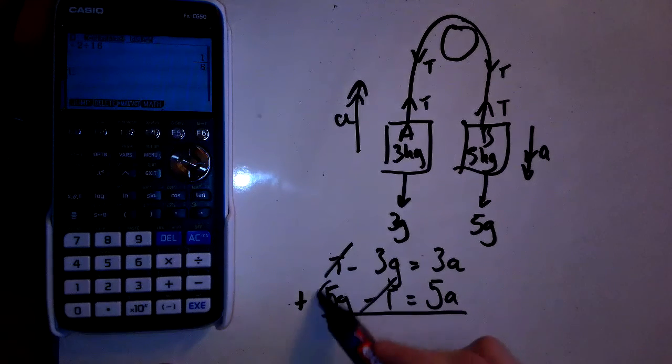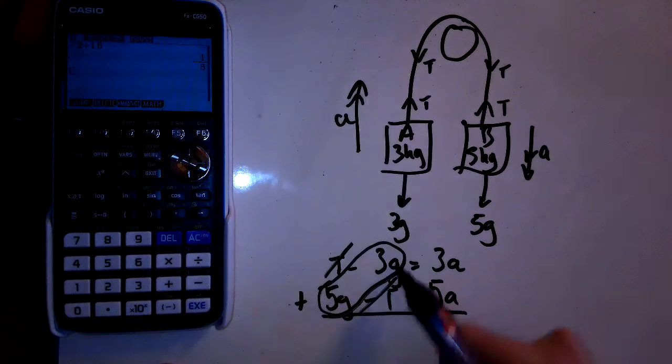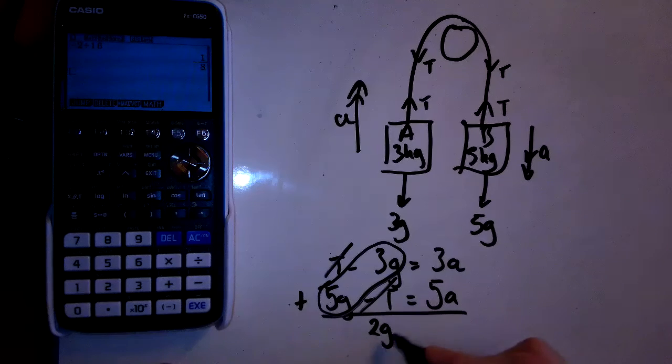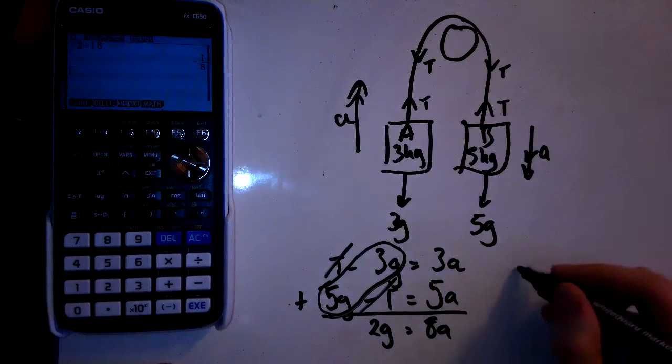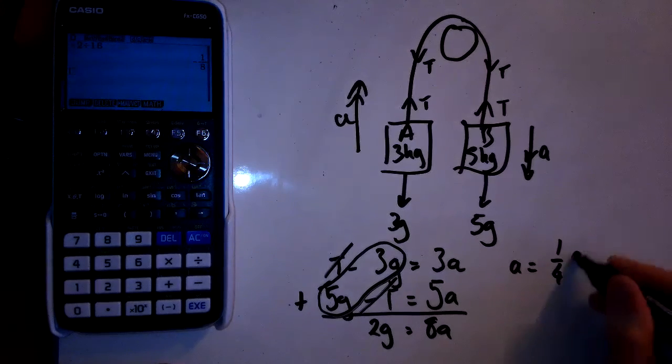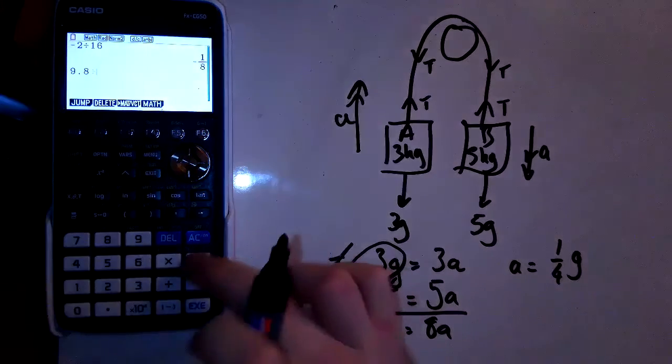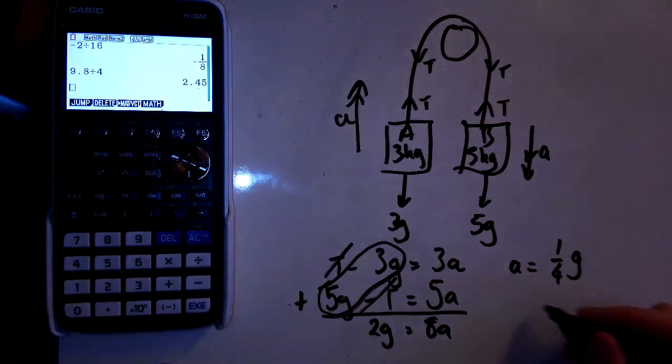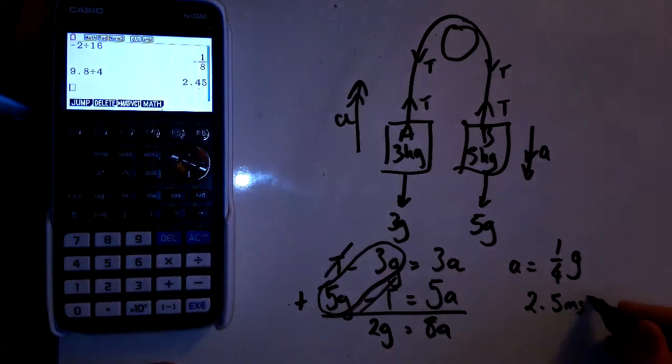So I'm left with 5g minus 3g, so that gives me 2g. 3a and 5a is 8a. So then just divide by 8. So a is a quarter g, or type in your calculator if you want it as a number, and 2.5 meters per second squared.